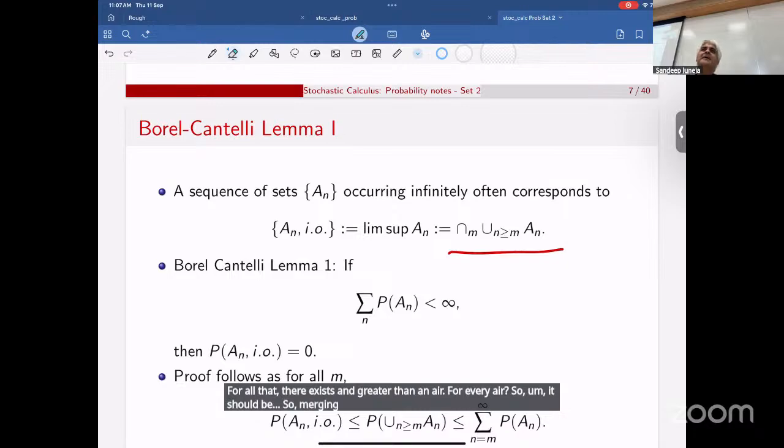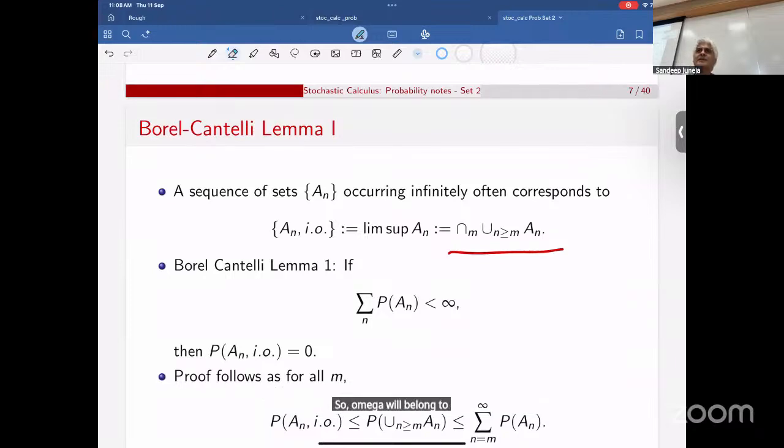A_n contains all the omegas already, right? Yeah. So omega will belong to this collection if for every m it belongs to some A_n with n bigger than or equal to m. So all those omegas I'm collecting, we call A_n infinitely often.